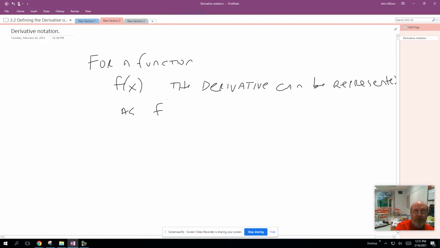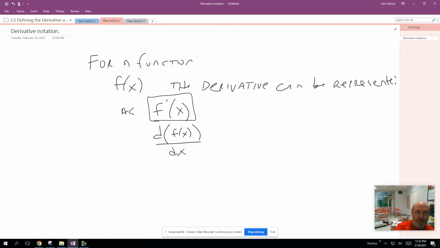We can say f prime of x. That's how you say that. When we talk about f prime of x, we're talking about the derivative of f of x. Or we can say the derivative of f of x with respect to x. This is the derivative of f of x, or f prime of x.